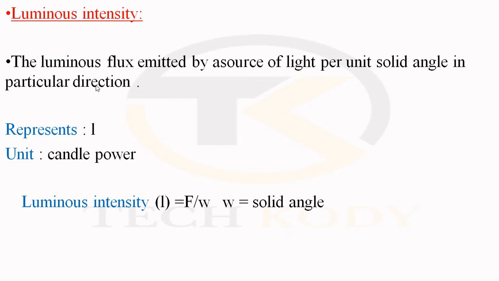Otherwise they will ask for the solid angle, which you can find using this formula. Here F represents the luminous flux. I is equal to the rate of change of luminous flux by solid angle.